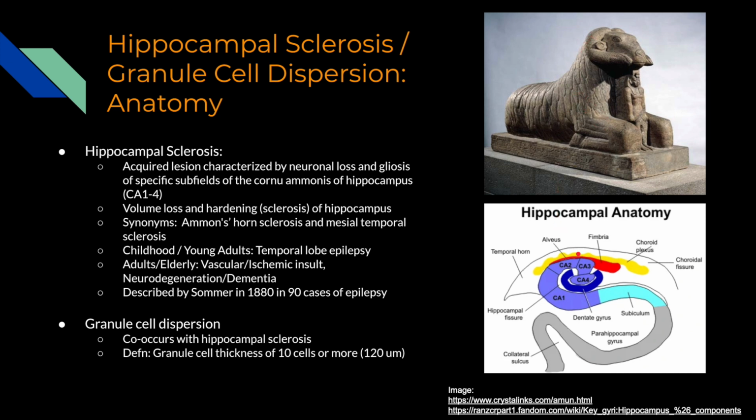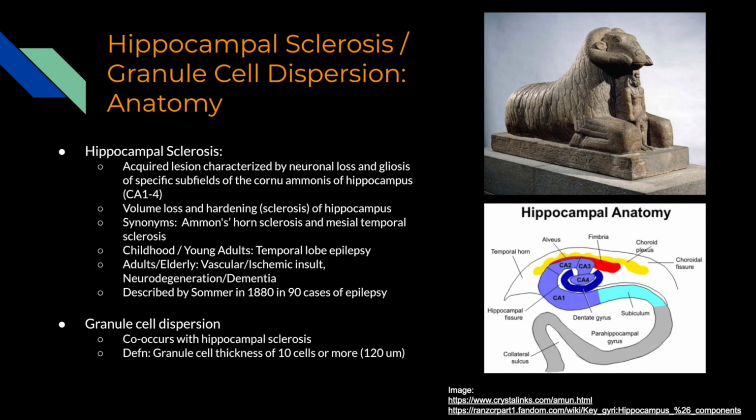And you can see that the structure of the hippocampus, these cornu ammonis regions, CA4, CA3, CA2, CA1, form this undulating structure that's very similar to the horn of this ram that is beside our pharaoh here, Ammon. So this is where it got its name. Pathologists like to describe things after things that they've encountered in their childhood or food, and this is probably an example of that as well.